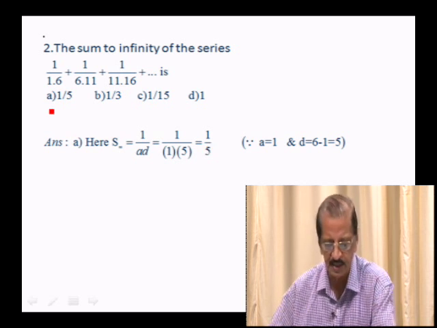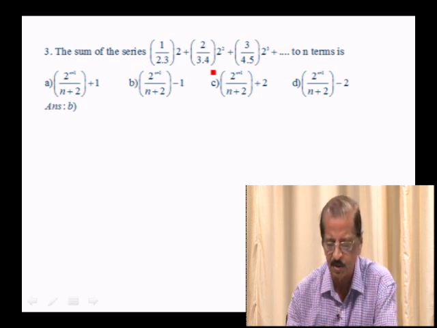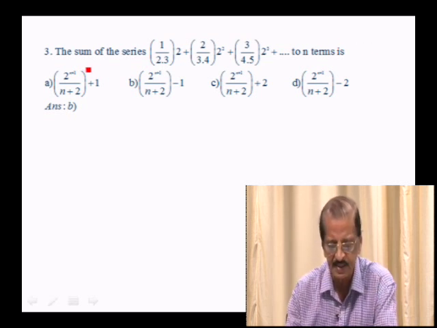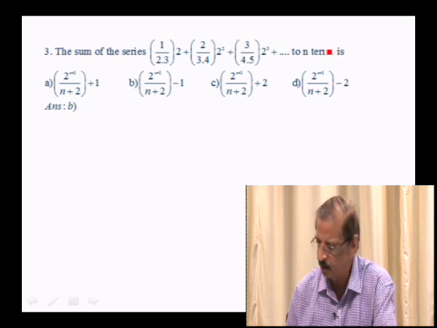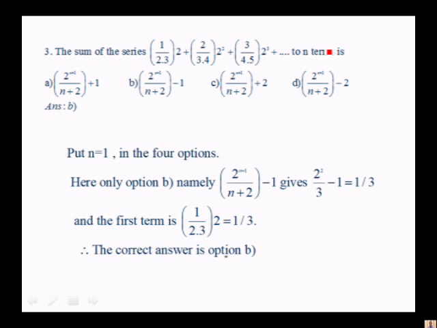That is easy, put 1 over 18 and it is fine. The sum of the series 1 over 2 into 3 into 2, 1 over 3 into 4 into 2 square etc. If you go on calculating this, it becomes very difficult. But since once again it asks for n terms, you substitute n equals 1 in the 4 options. You find in option B, you get 2 to the power of n plus 1 over n plus 2 minus 1 gives 2 square by 3 minus 1, that is 1 by 3.